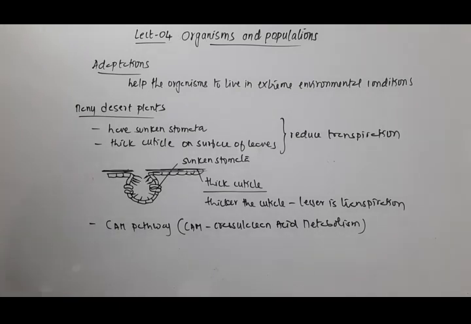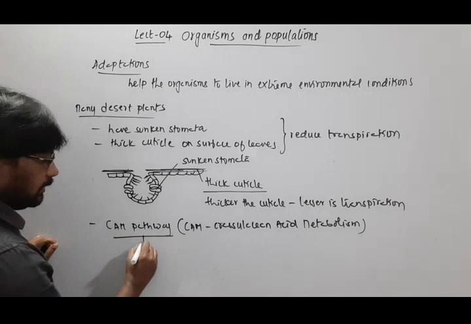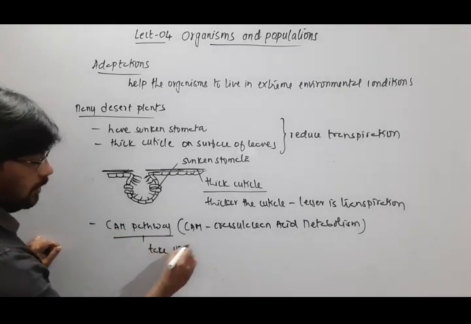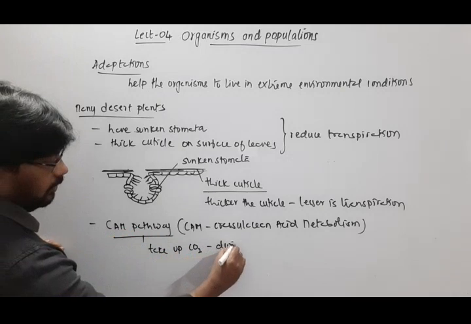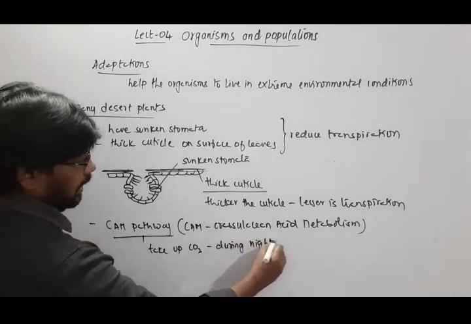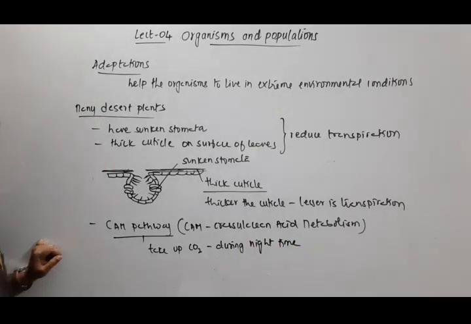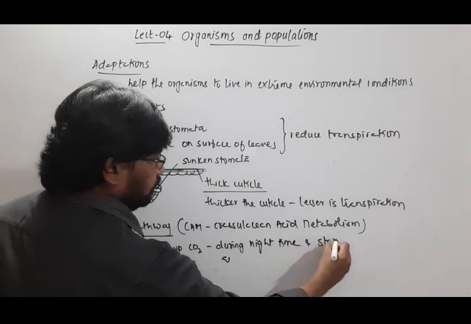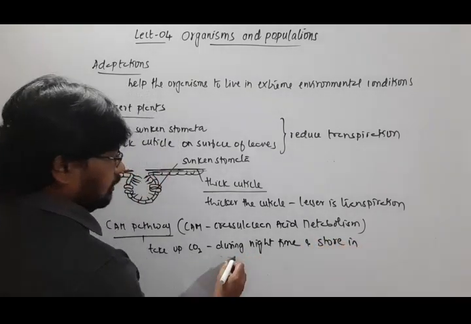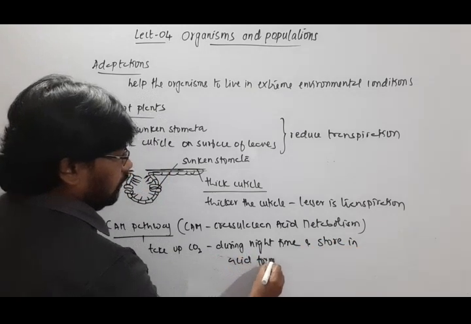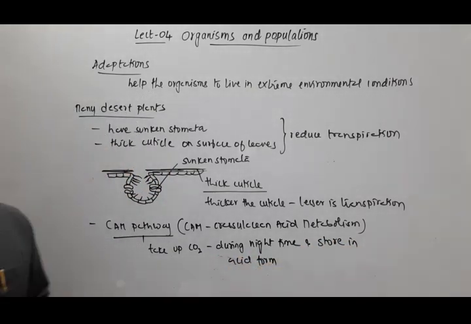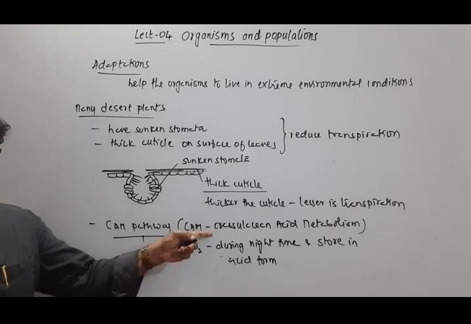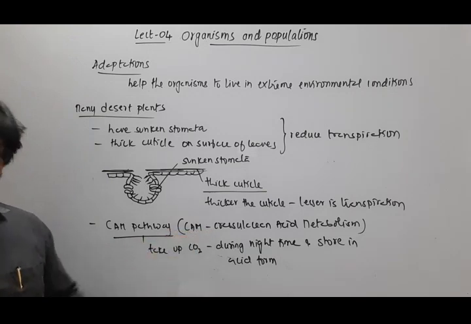Now what they do in the CAM pathway is take up carbon dioxide during night time and store it in acid form. This was first observed in members of the family Crassulaceae, hence the name crassulacean acid metabolism.